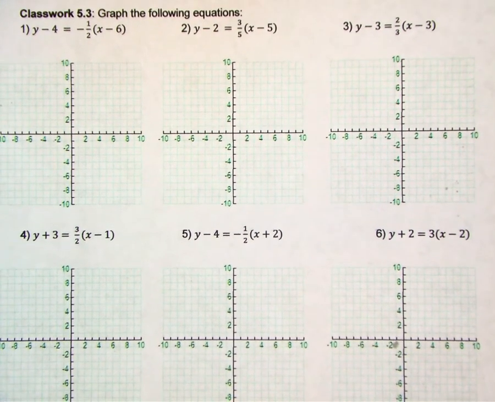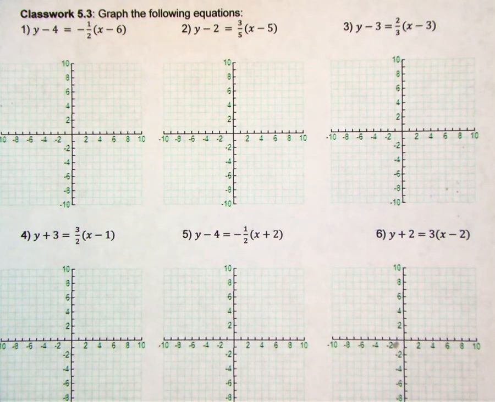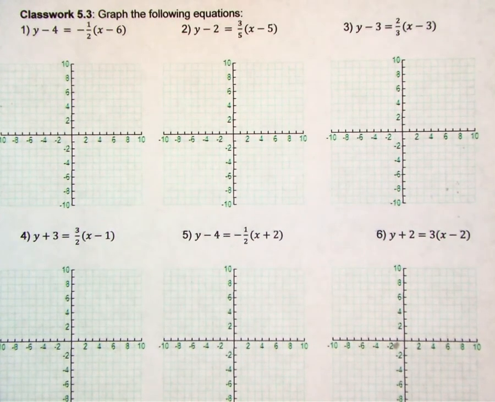Okay, so we are going to pick up our conversation on Unit 5, Standard 3, Graphing with Point Slope Form. Just as a quick reminder on how to graph using point slope form, we first need to identify the point, then we need to identify the slope.